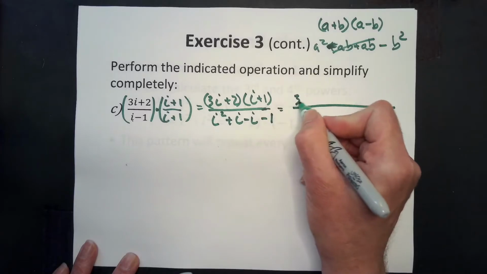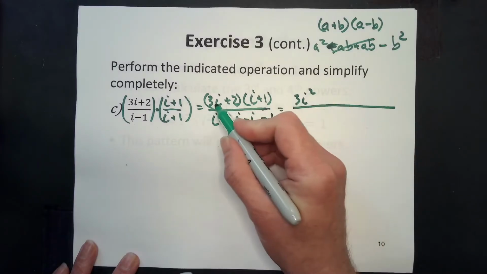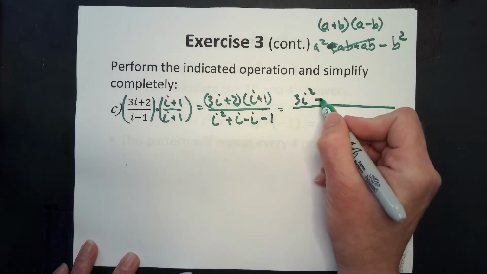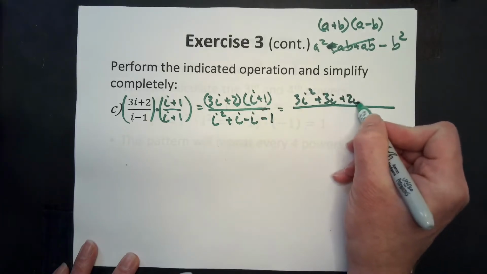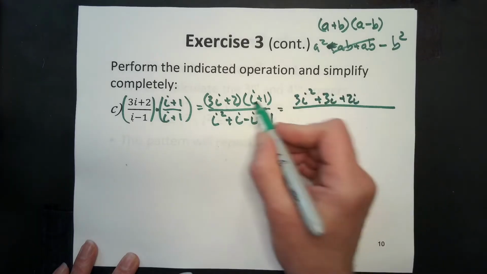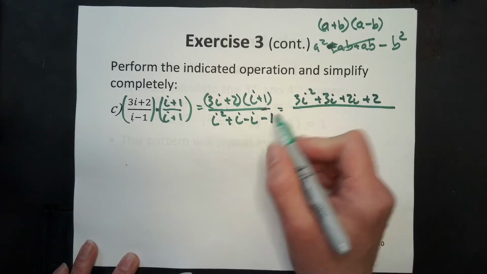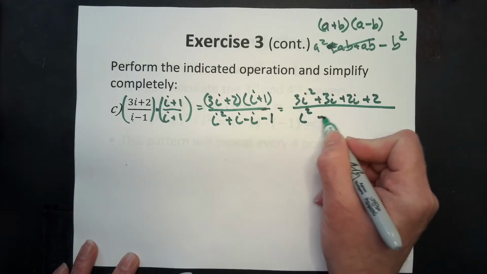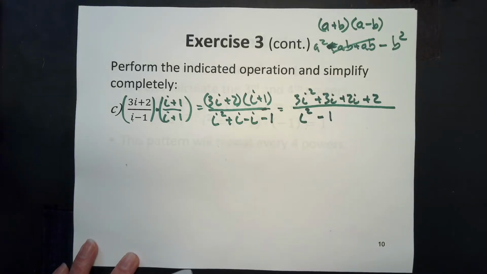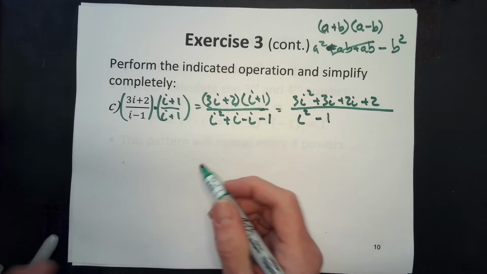So it's going to give you 3i squared, 3i times 1 will give you plus 3i, 2 times i plus 2i, and then 2 times 1, which is plus 2. And the denominator, we got rid of our middle term, so we have i squared minus 1. All right, so that's going to give us what?